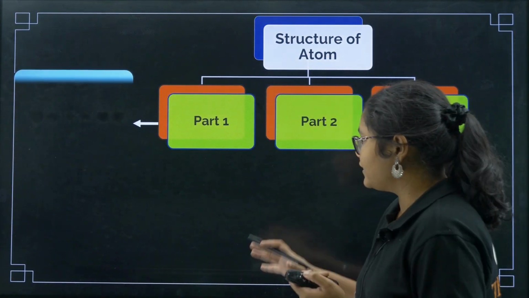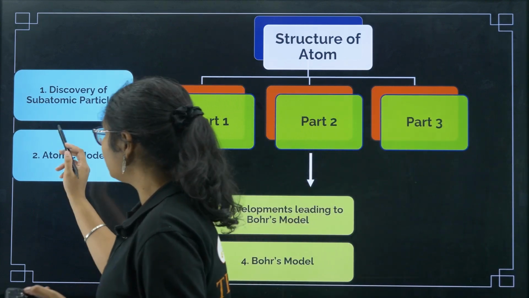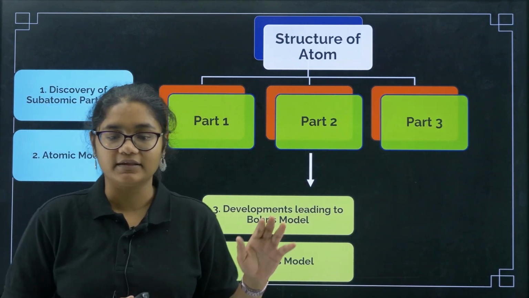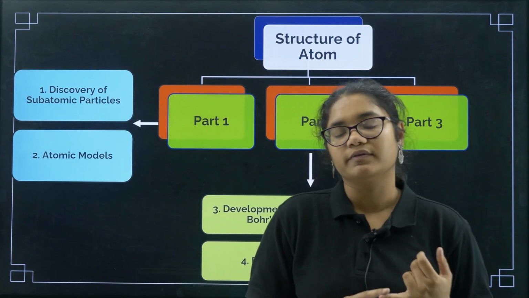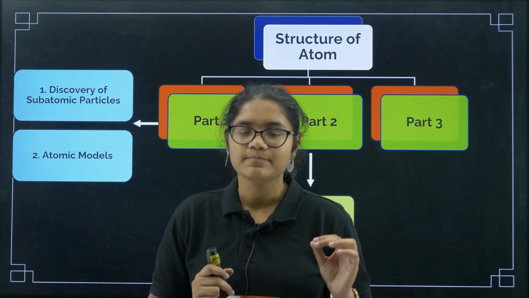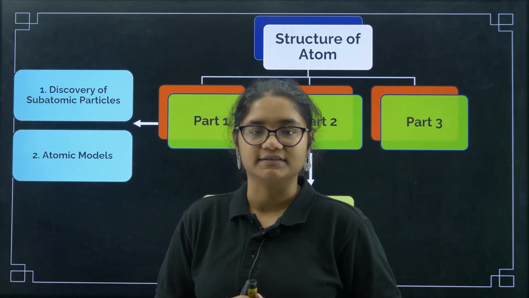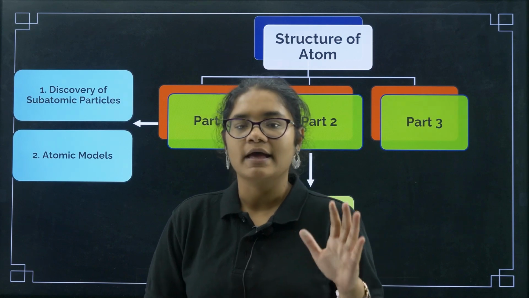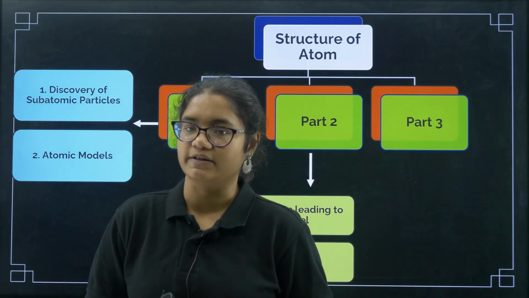And now moving towards today's class, we have already discussed how we are going to develop this complete lecture series. In part 1 we have already completed the discovery of subatomic particles, in which we discussed the discovery of electrons, protons and neutrons. After that we talked about the atomic models, and here we discussed the Thomson model and the Rutherford model, and we also discussed the limitations of Rutherford model.